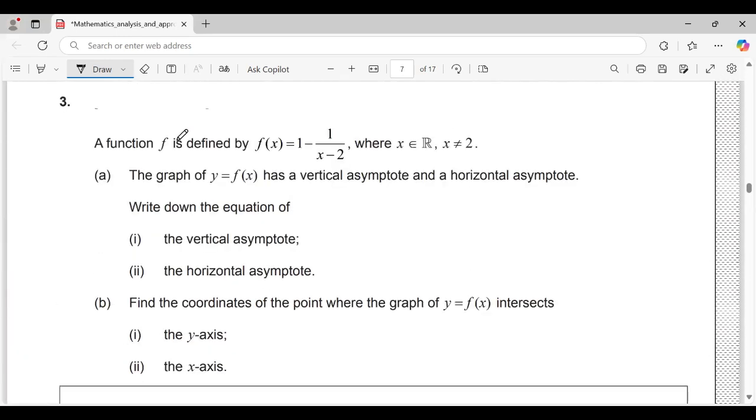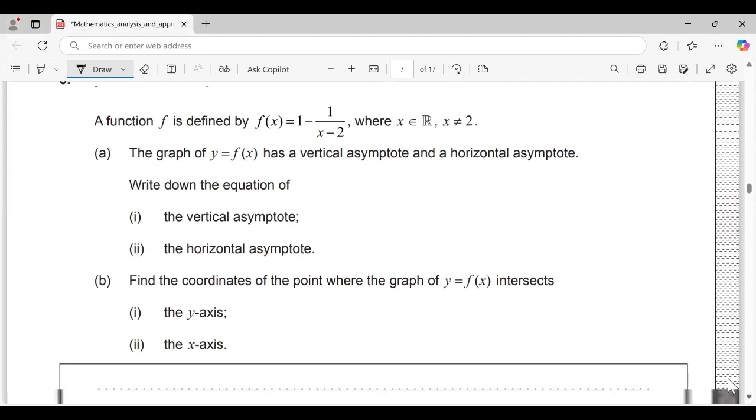Number 3. A function is defined by f(x) equals 1 minus 1 over x minus 2, where x is an element of the reals, x not equal to 2. The graph of y equals f(x) has a vertical asymptote and a horizontal asymptote. Write down the equation of the vertical asymptote and the equation of the horizontal asymptote.